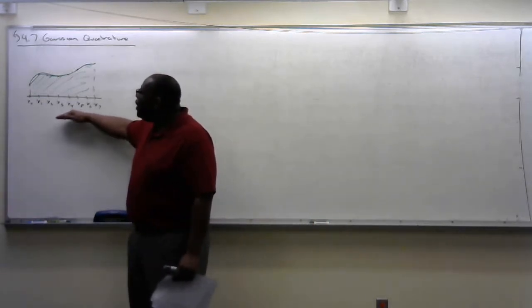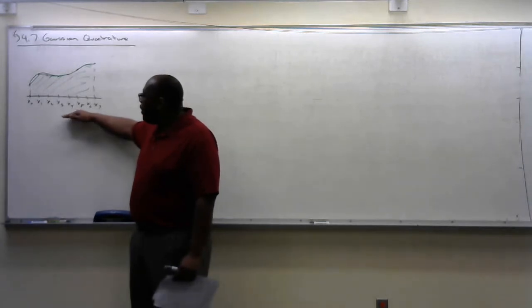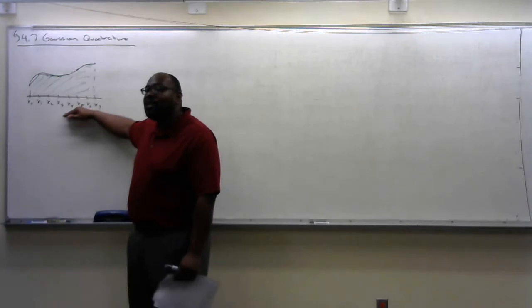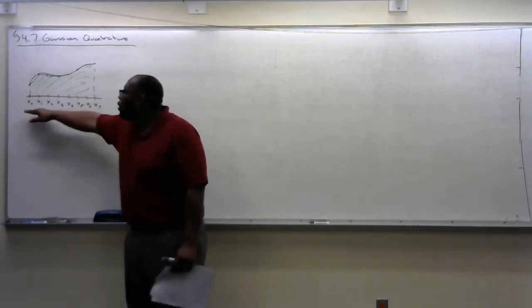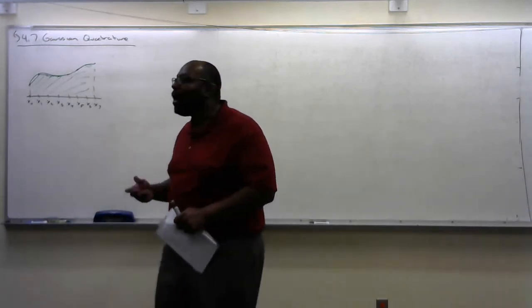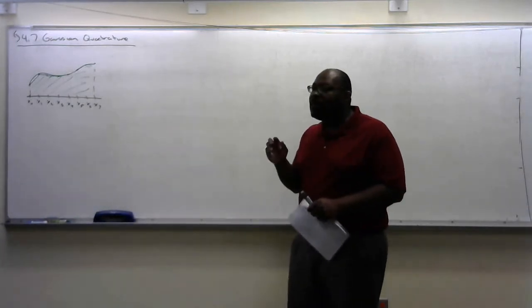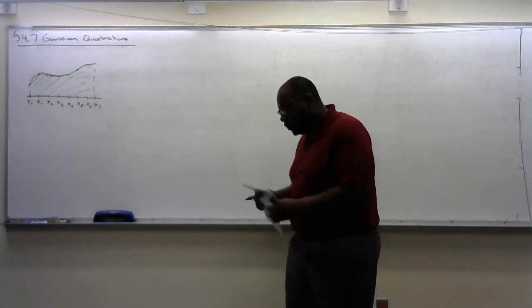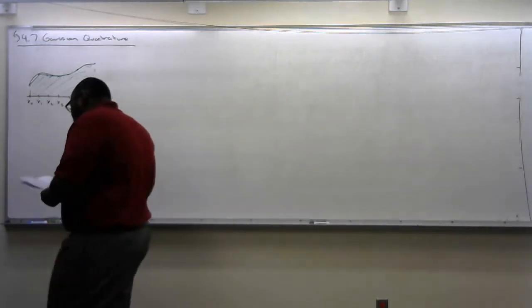But what I should really do is let my function decide where I should place these nodes. Let the function that I'm trying to approximate decide where these nodes along the x-axis should go, right? And that's the idea behind Gaussian quadrature. I'm going to let the function decide where I place these nodes. So let's look at how this is set up.